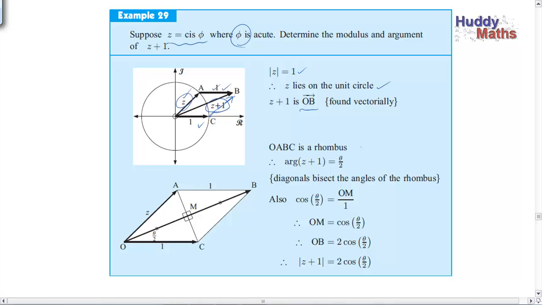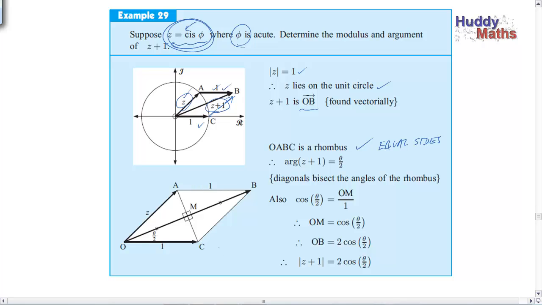And now it's a rhombus because we've got equal sides, because we've added 1, and that's the size of our original complex number up here. Well, there's no number in front, which means its modulus is 1. That makes it a rhombus.